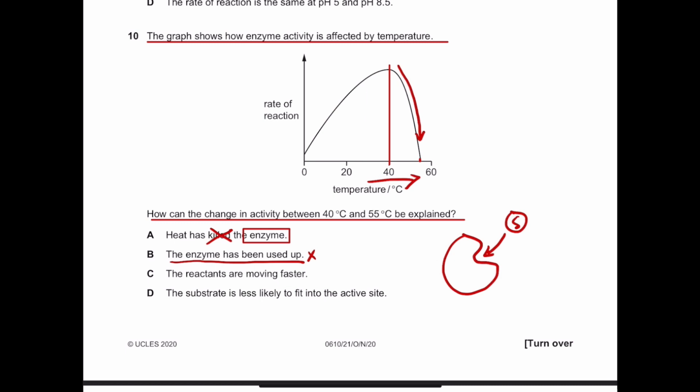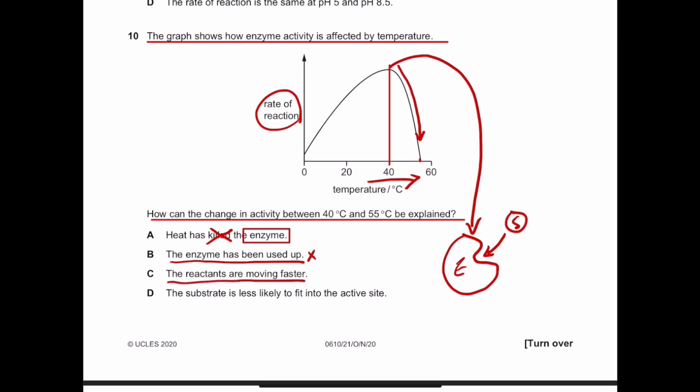But you can't say that here. If the enzymes are fully occupied, then the rate of reaction is at its maximum point. So at this point, enzymes are all used up.